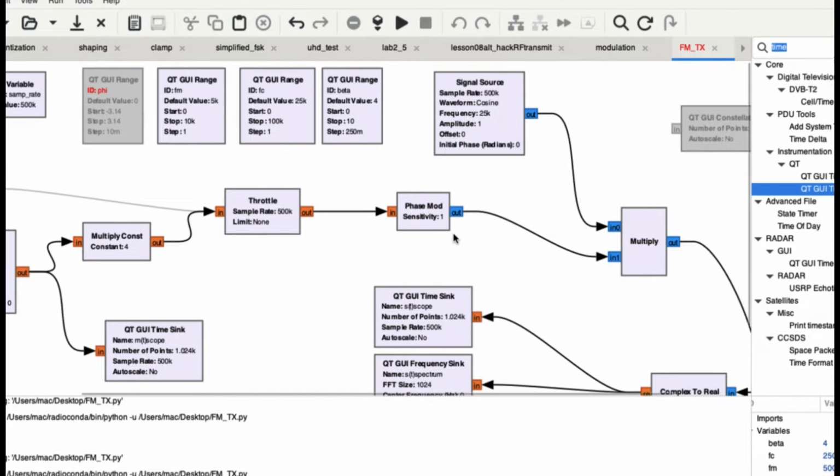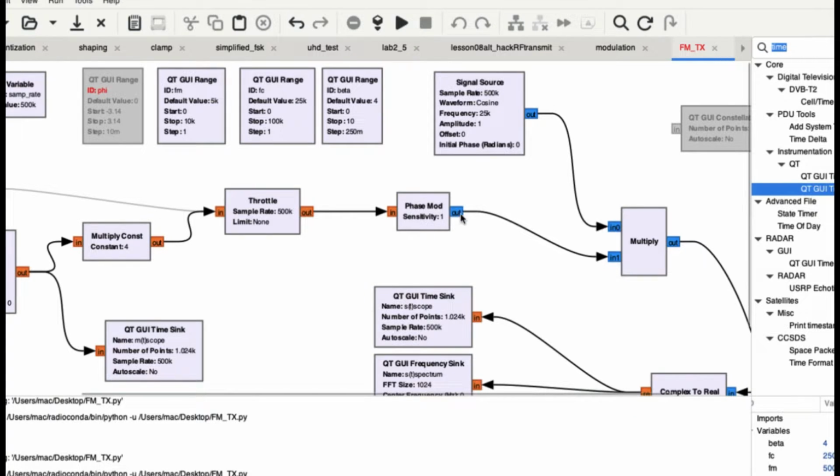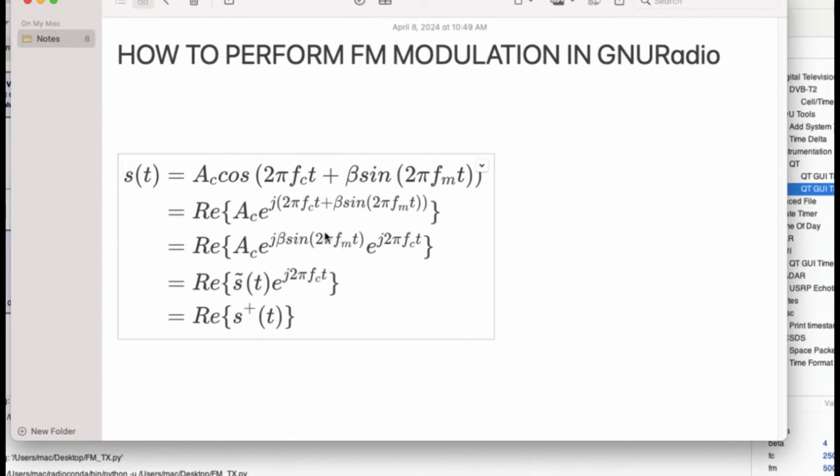Now, the next thing I need to do is this. The output of this is a complex function, which means that after you convert your modulating signal into a complex function, I need to multiply it by a carrier frequency, isn't it?